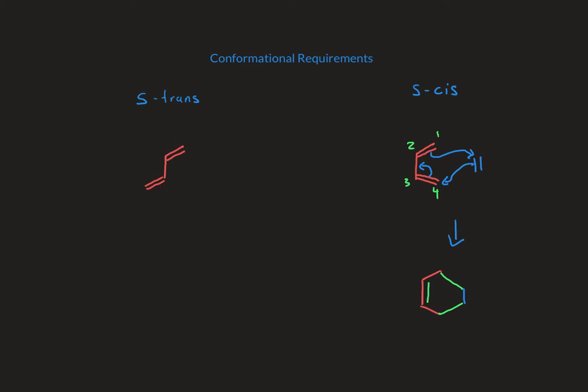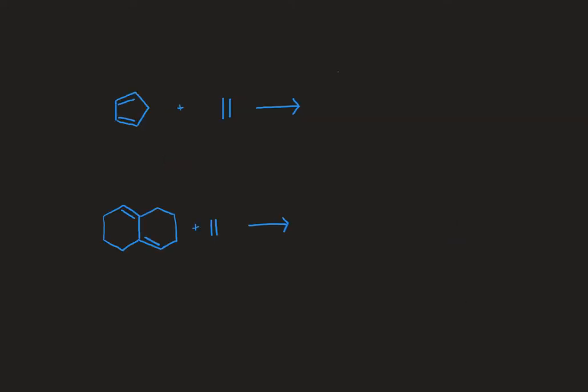where the bonds in green are new bonds formed in the Diels Alder reaction, and the bonds in red and blue were there before. If we look at a couple of examples, this first one, the diene, is held in the S-cis conformation because it's in a cycle, and so this occurs very fast.